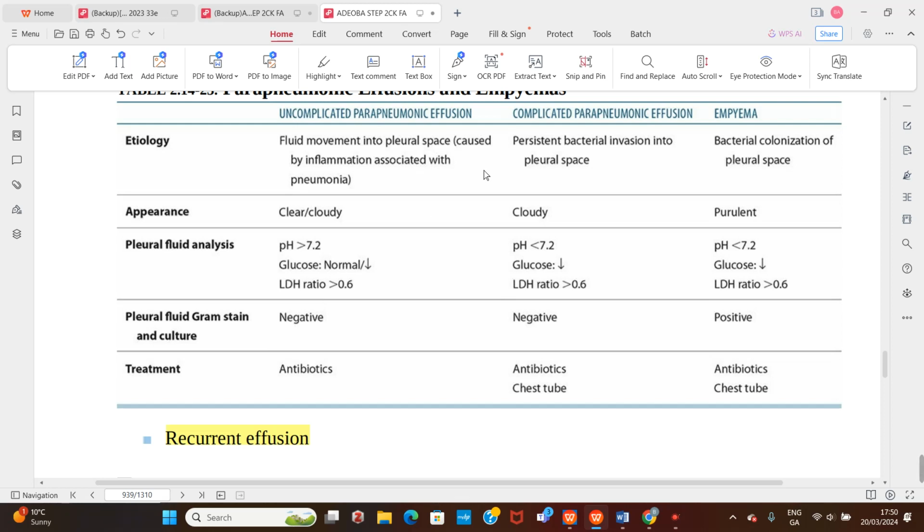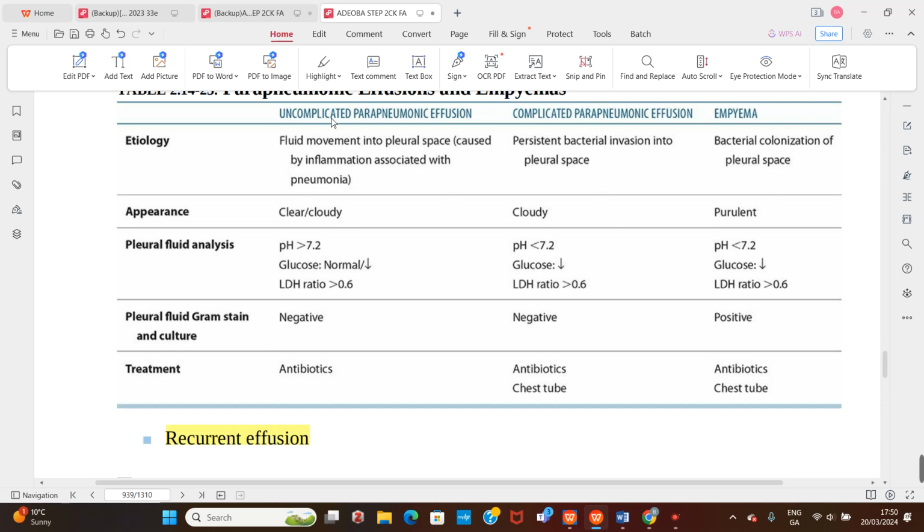Because complicated and empyema have bacteria in that effusion, the bacteria are going to be undergoing serious metabolism, metabolizing all the glucose, everything that is there, forming lactic acid that will drop the pH further down. So it's going to be definitely less than 7.2 for complicated and empyema.